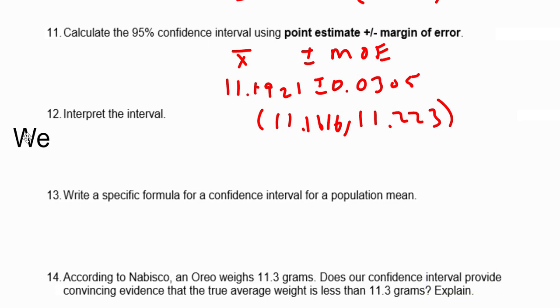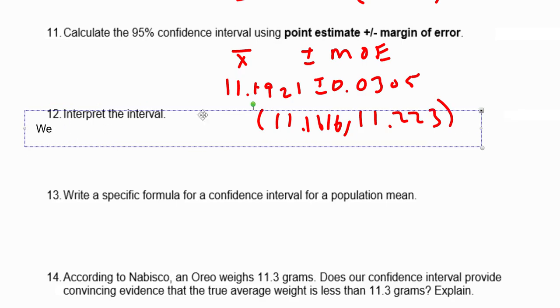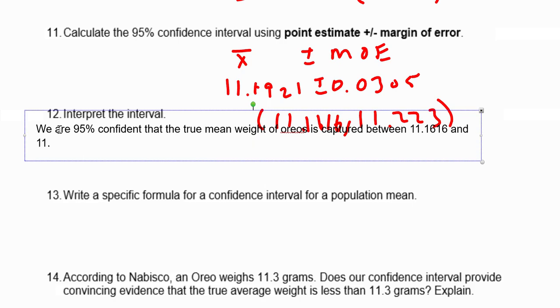We are 95% confident that the true mean weight of Oreos is captured between 11.1616 and 11.223.